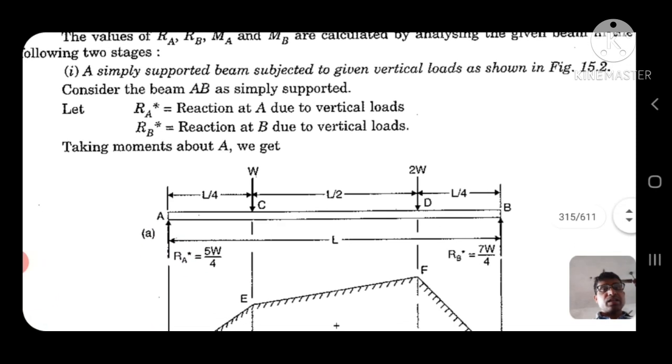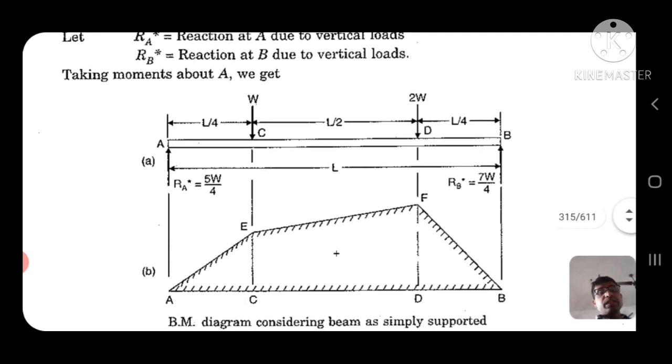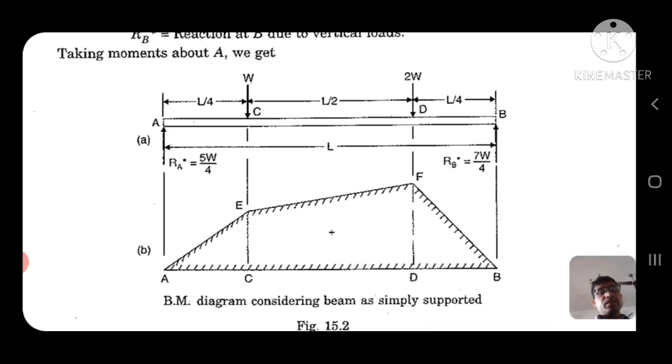RA star is the reaction at A due to vertical load, and RB star is the reaction at B due to vertical loads. So taking moment about A, we get the reaction at A and reaction at B, W and 2W. So the bending moment diagram, considering the beam as simply supported.